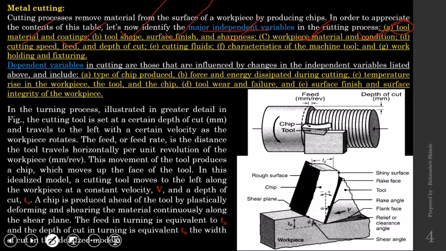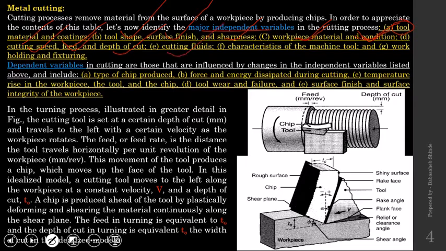Also the workpiece condition, means whether you have hardened that workpiece material, whether you have undergone any surface treatment process before putting into machining. That way you can decide the condition of the workpiece also. Then for actual machining, you can control cutting speed, feed rate, depth of cut.